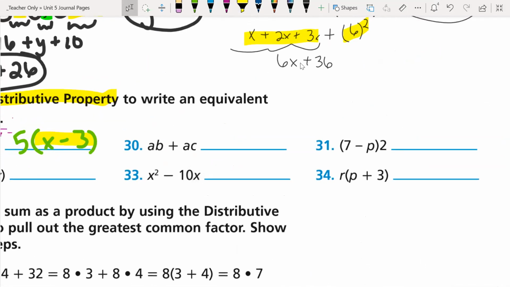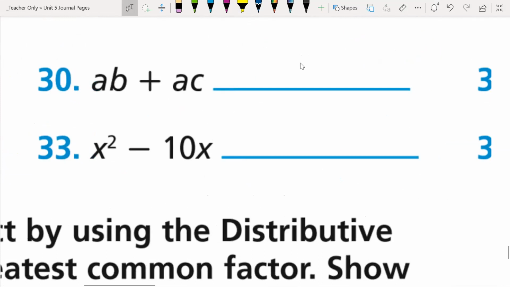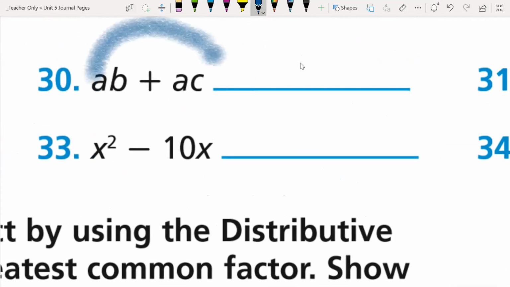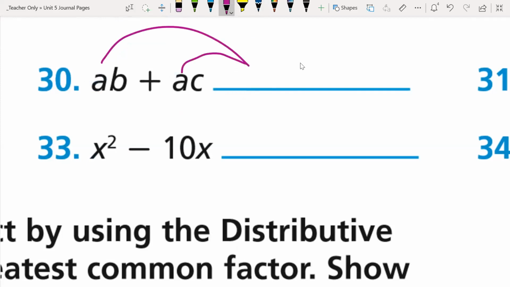You can do the same thing over here. And I can pull a's out. Ooh, I don't think I like that. Yeah, I don't like that. No. Sorry, guys. Okay, now I'm left with a times b plus c.